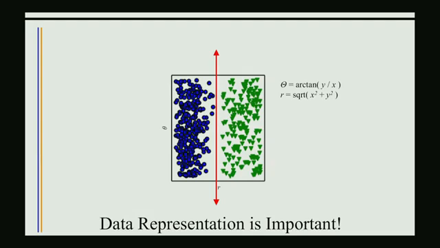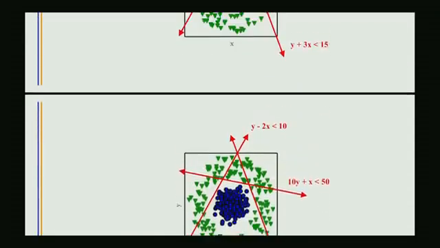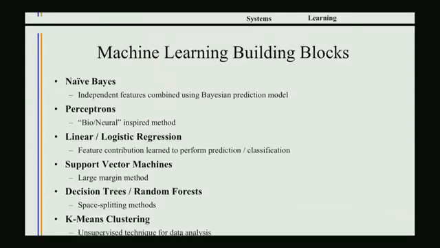Okay, so it's not that every problem will be amenable to this kind of a shift in data representation, but oftentimes almost every problem needs a shift in data representation in order for us to make it tractable. So we take all those techniques that I put on that previous slide and we think about, well, why do they fail?